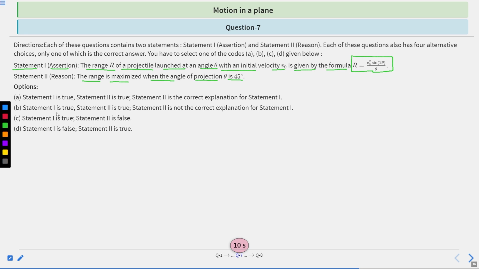Option B, both true, but statement 2 is not the correct explanation for statement 1. Option C, statement 1 is true, statement 2 is false. Option D, statement 1 is false, statement 2 is true. This is a very easy question. Which one is correct? You have 10 seconds to solve it. After 10 seconds, we will provide the solution.